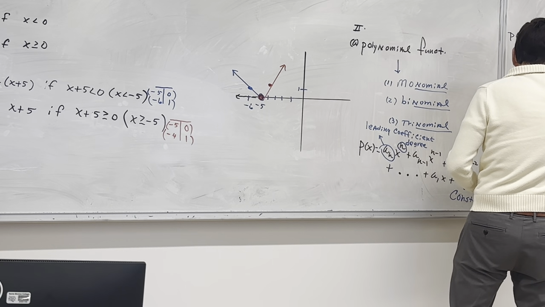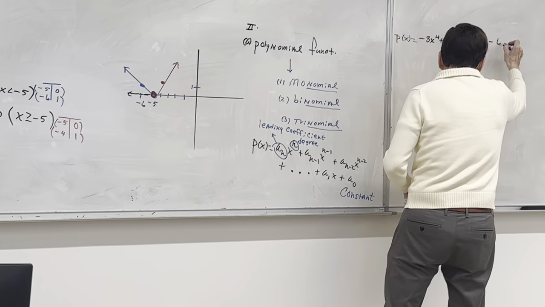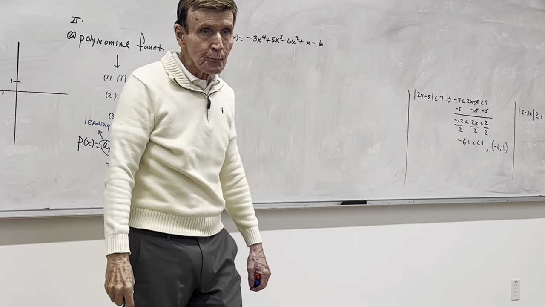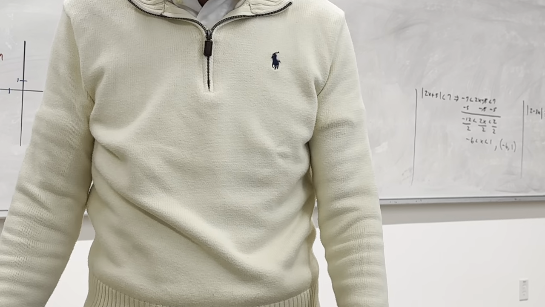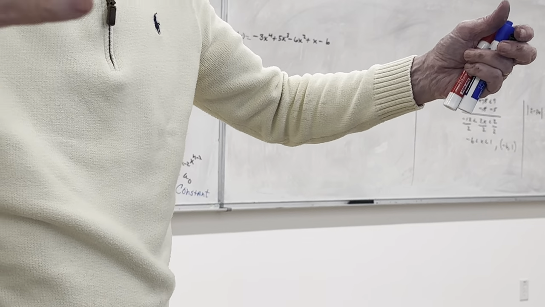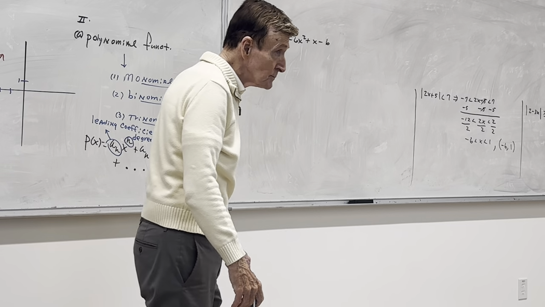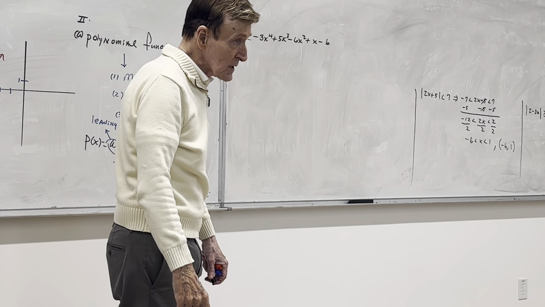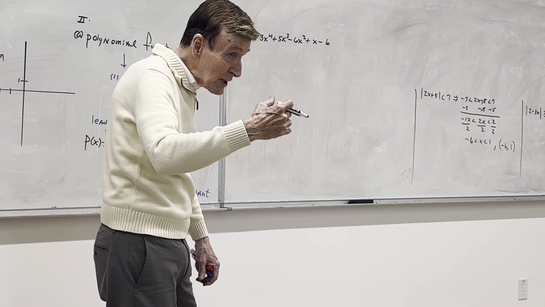Looks like this. That's a polynomial function. And the one I made up real quickly has 1, 2, 3, 4, 5 terms. What's the degree on this one? 4.